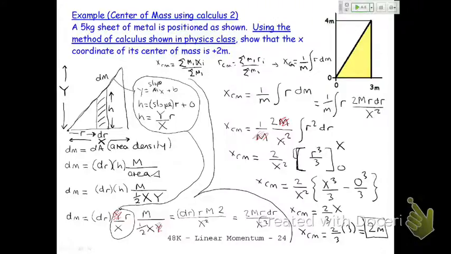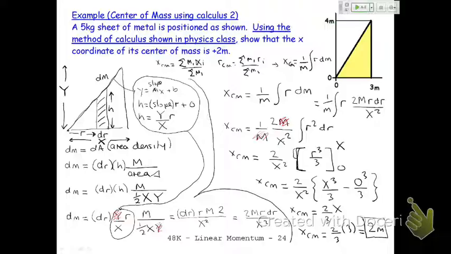Yeah. 2/3 times x, which is 2 over 3 times 3. And that makes sense. It's not going to be at 1.5 because it's a non-uniform object. Most of the mass is to the right rather than the left. So I expect it to be closer to the 3 rather than the 1.5. And it is. It's closer. We did all this work for 2?